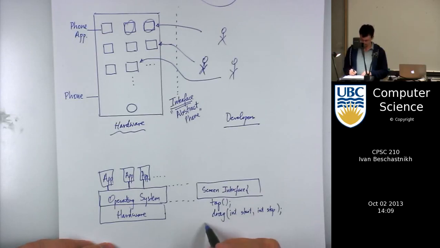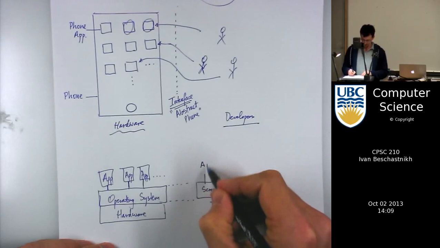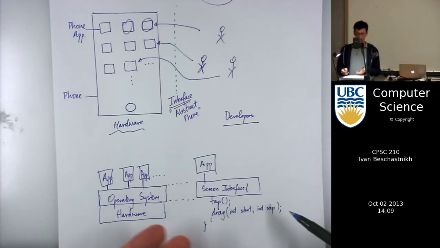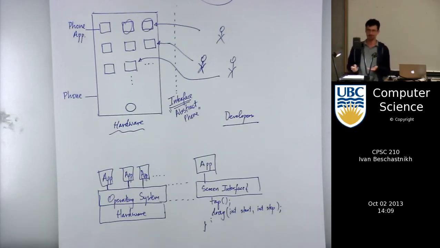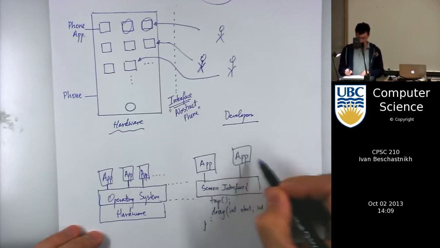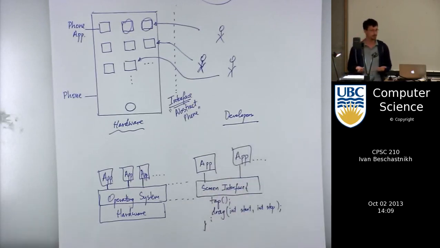So you'll have a bunch of these methods defined in an interface, and then an application is some piece of code that implements that interface. Basically says what happens when you tap on a screen, what happens when you drag on a screen. Right? The operating system doesn't want to define that because the operating system wants to let you, the developer, design the application. So it gets out of the way, but in order for all of these apps to coexist, they all need to follow a common interface.